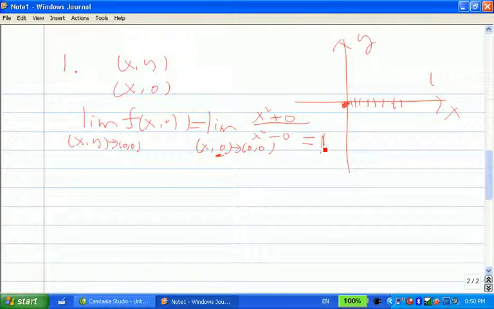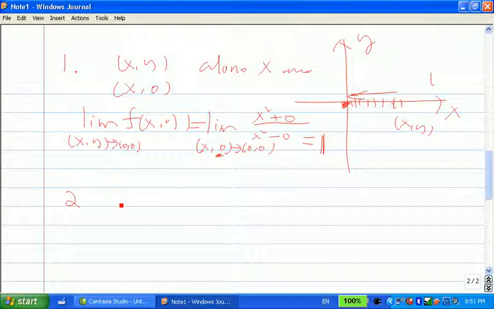That means we let the (x, y) point approach the origin along the x-axis, and we find the limit is 1. This is along the x-axis.